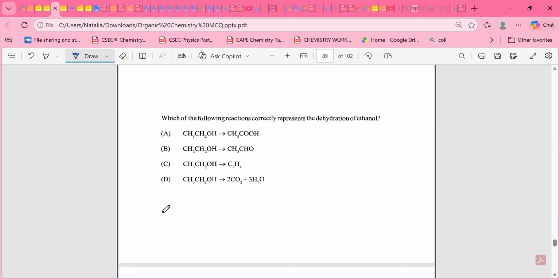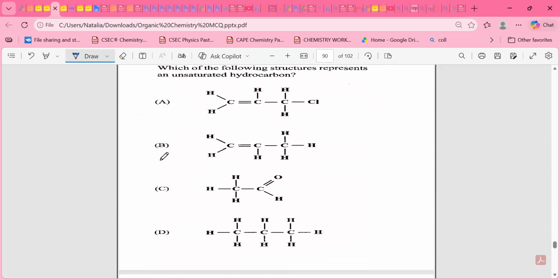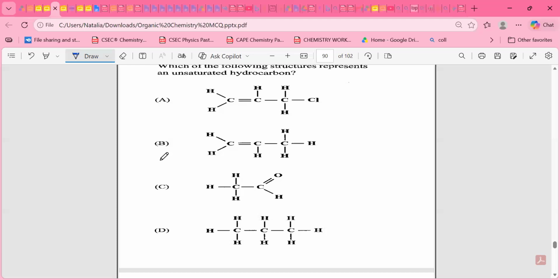Which of the following reactions correctly represents dehydration of ethanol? Ethanol is dehydrated to form an alkene, so it would form ethene. What's the answer? C. Which of the following represents an unsaturated hydrocarbon?